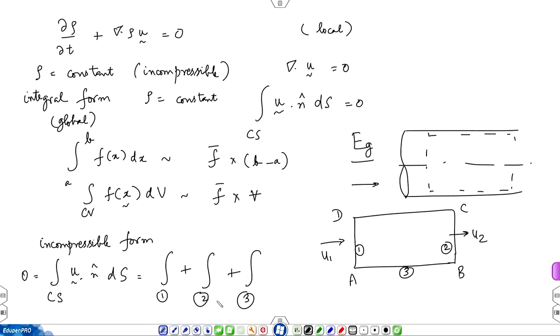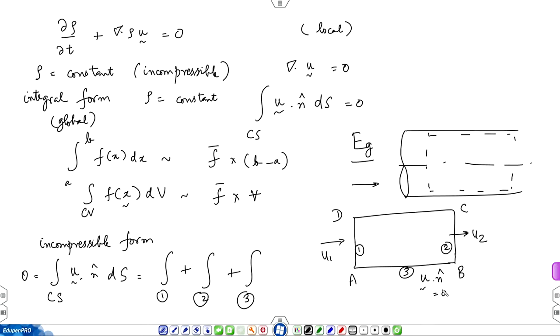So, that is a simplification. If you pick your control volume with 3 lying inside the flow, then that velocity component may or may not be 0, you do not know. But if you make it coincident with the tube, it is 0. So, you can quickly see here it is 0 for the third surface.